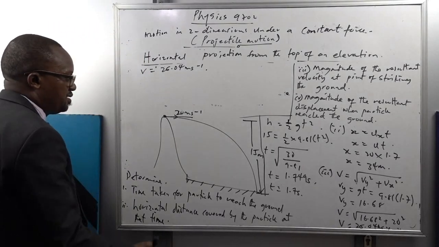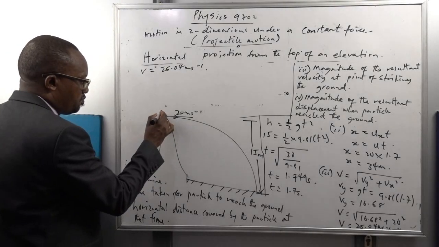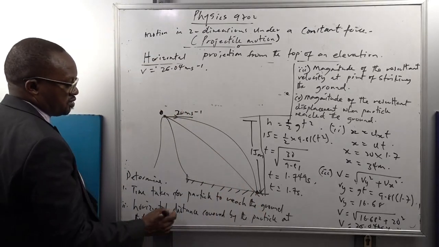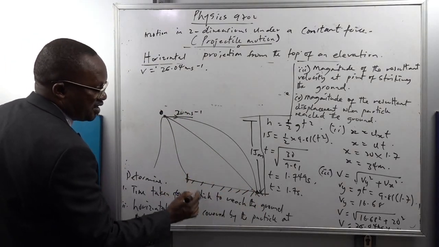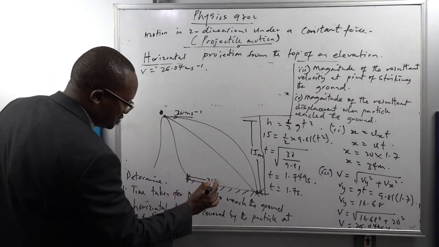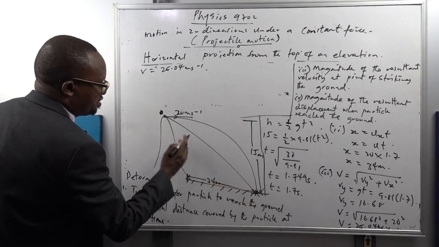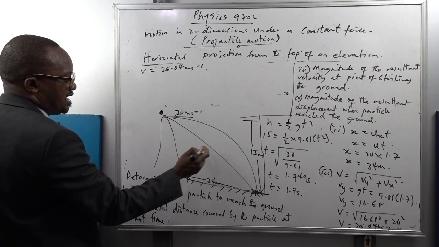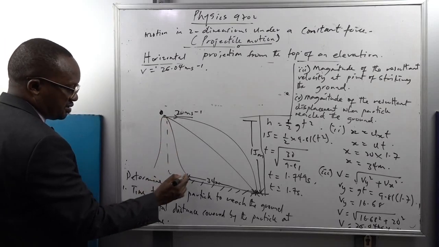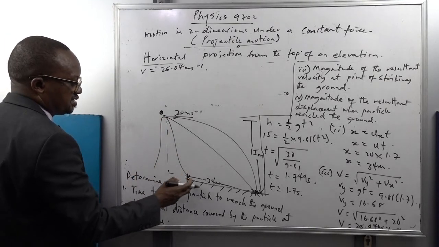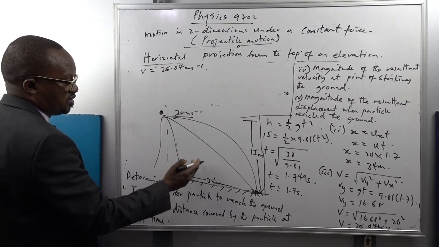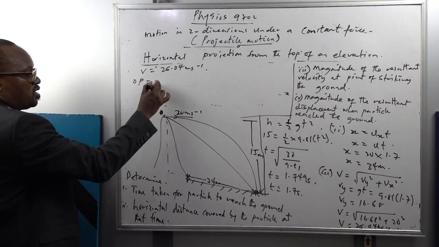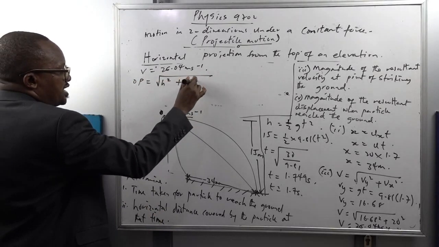So the next one, the magnitude of the resultant displacement when the particle reaches the ground. That means the particle projected from point O is now at point P. This is the resultant displacement. From here to here, we calculated it to be 34 meters, and this is 15 meters. So it's a right angle triangle. The two adjacent sides are 15 meters and 34 meters. With that, you can find that OP becomes square root of h squared plus x squared.